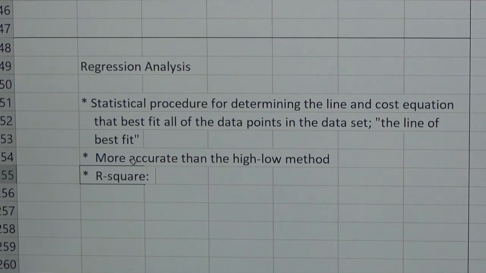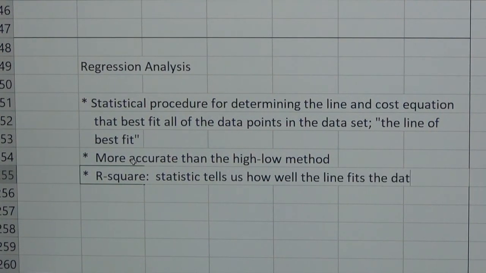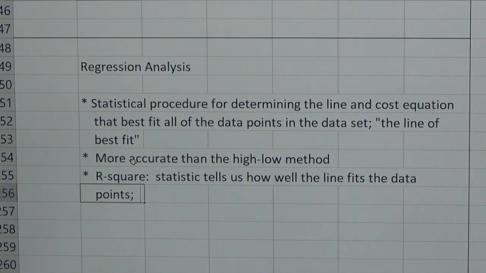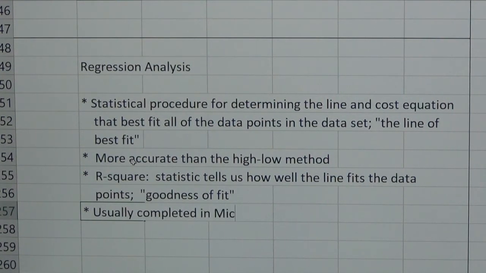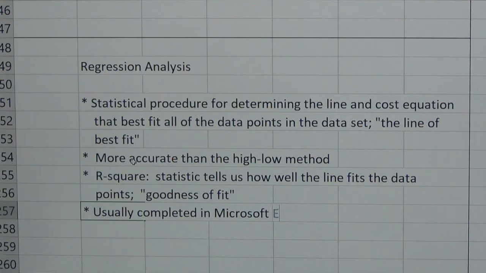R-square, this is the statistic, tells us how well the line fits the data points, which is also referred to as the goodness of fit. And then finally, this is usually completed in Microsoft Excel.